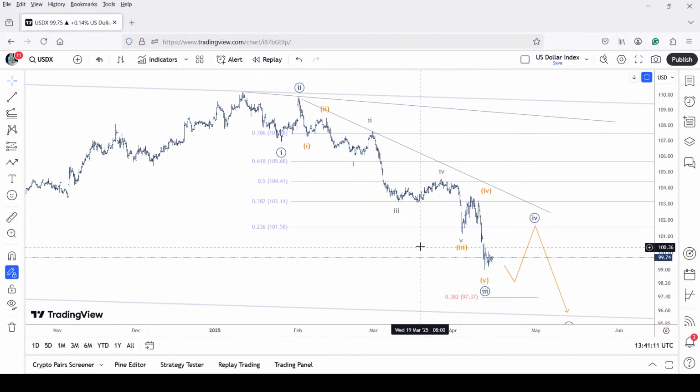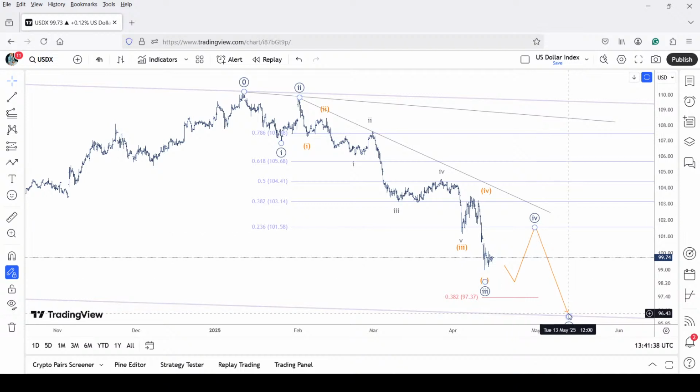We've got the sub-minute wave 3 extension, and we've got the minute wave 3 extension. So we've got minute wave 1, minute wave 2, minute wave 3, possibly complete, and that would lead to a minute wave 4 rally towards 101.54 before prices turn lower again.